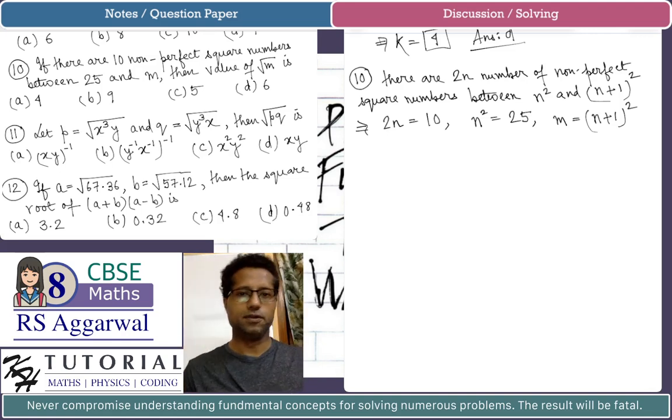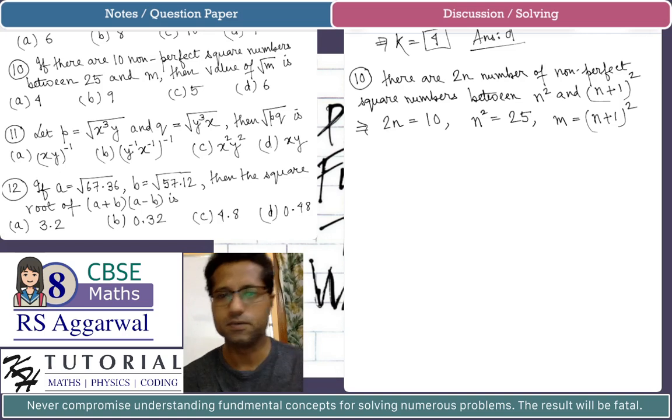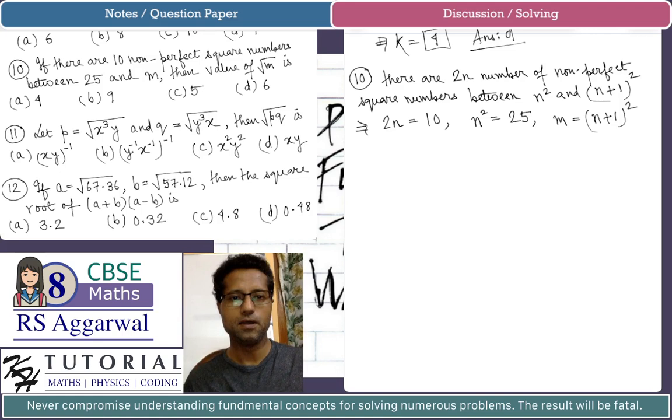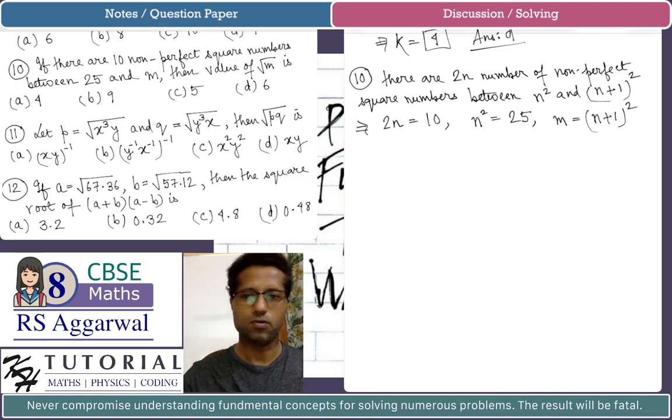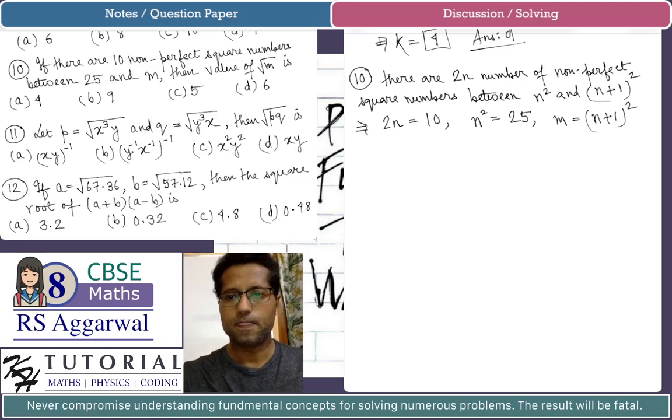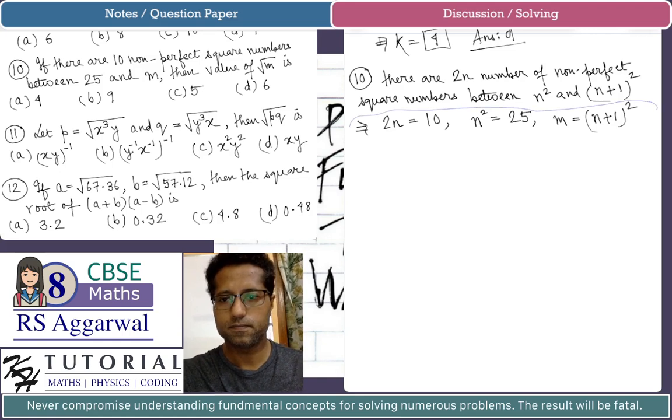Okay, so the problem statement is saying that there are 10 non-perfect square numbers between 25 and m. Okay, so for the time being let's forget this.